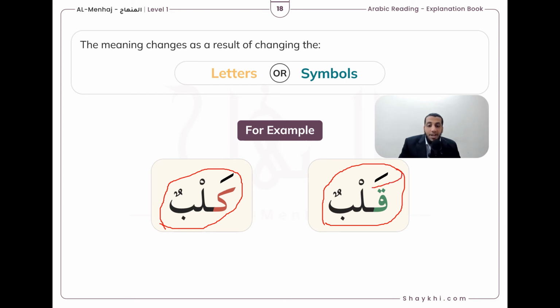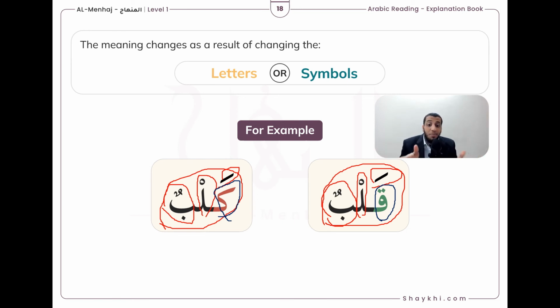So we have here fatha and here fatha, then lam with sukun and lam with sukun, and ba with tanween dhamma and ba with tanween dhamma. So the only difference is that letter qaf is different from letter kaf. Qa, ka. They are similar sounds, but the difference is heaviness and lightness.